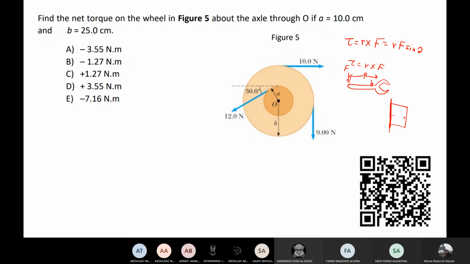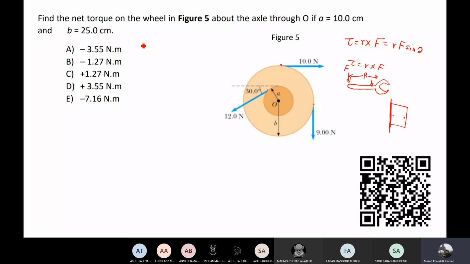Here in this question, find the net torque on the wheel in figure 5 about the axis through the origin if A is 10 centimeter and B is 25 centimeter. Here we have a wheel, okay? The diameter A is 10 centimeter and B is 25 centimeter. We apply 3 forces, this one and this one and this one.